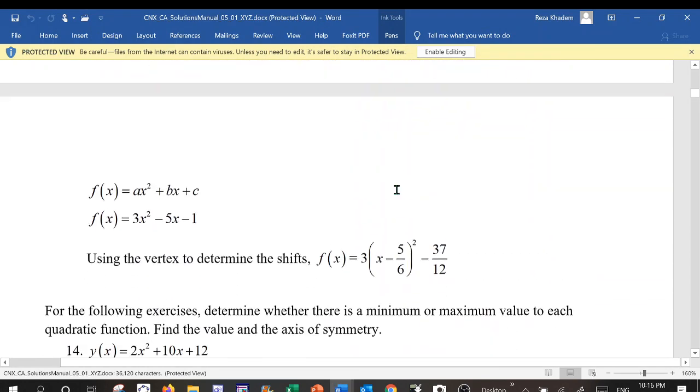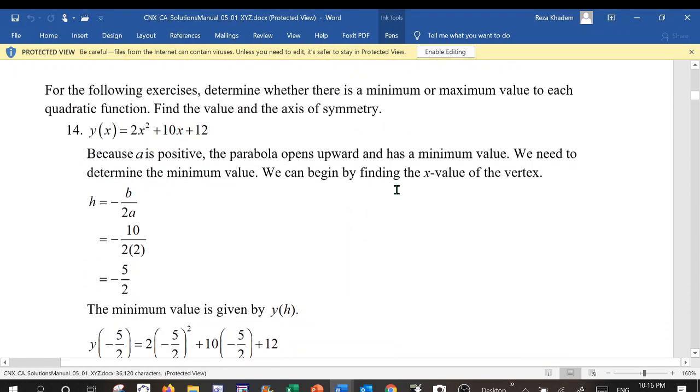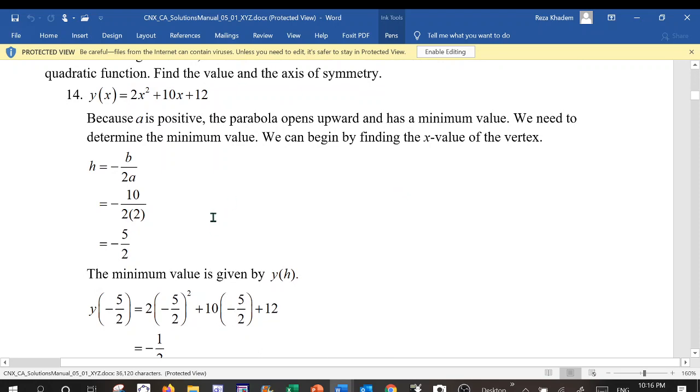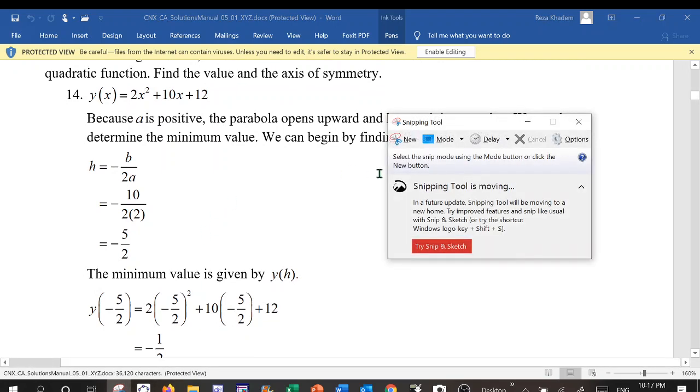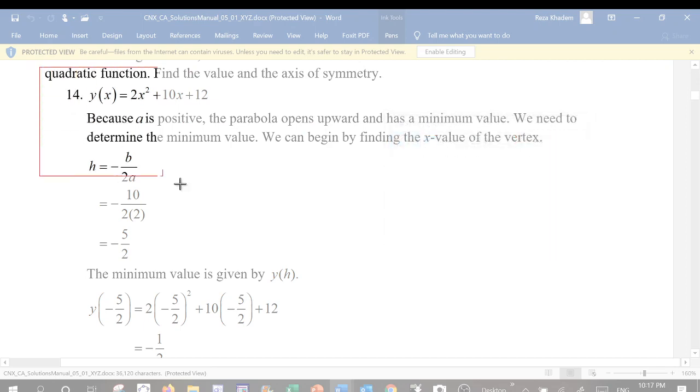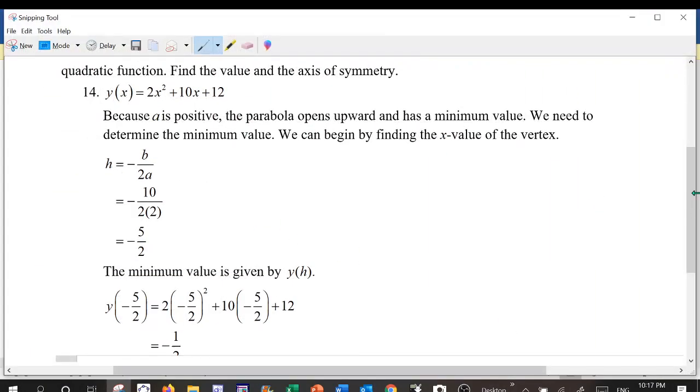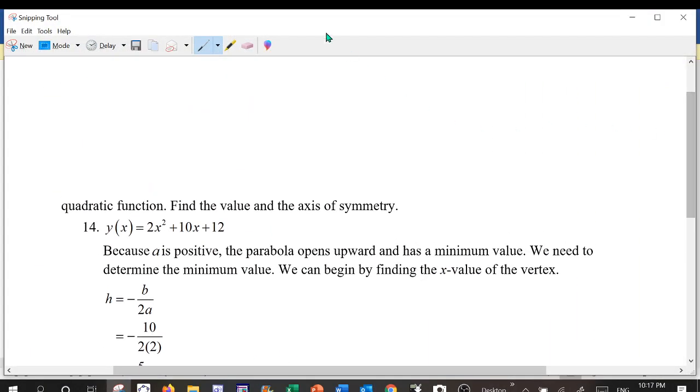Okay, it says for the following, determine whether there is a min or max and then find it, and the axis of symmetry too. All right, so we talked about this. In order to figure out whether we have a min or max, we have to figure out whether we have one of these or one of these. In this case, since a is positive, we have this one, not that one.